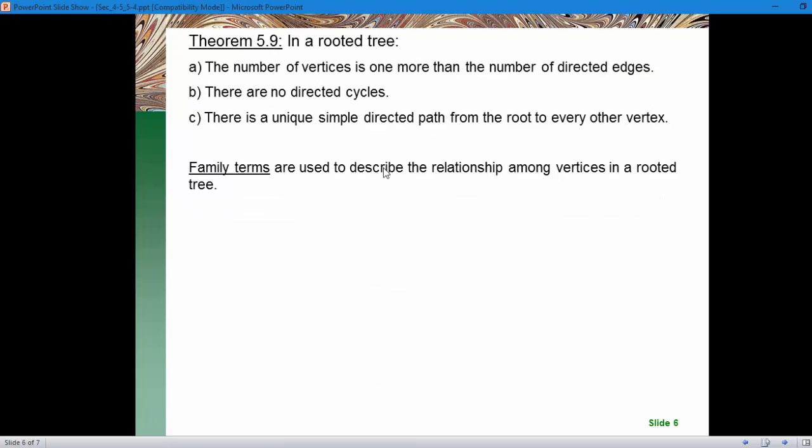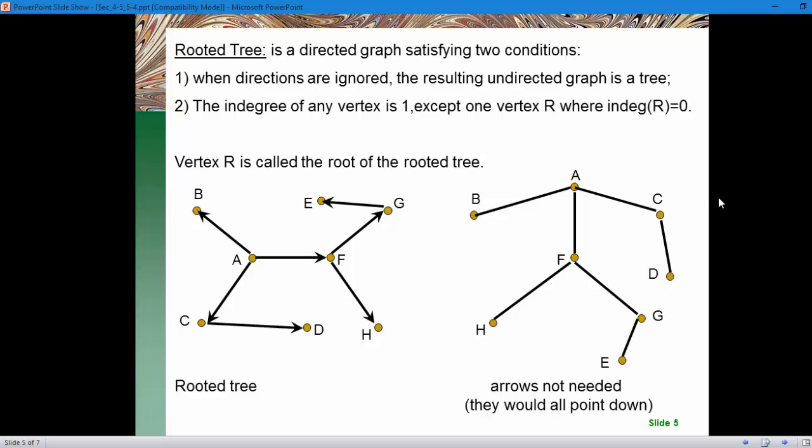So if we go back here, let's take a look at this tree. It's easy to use the family terms when we draw the rooted tree in this format. As you can see, vertices H and E are terminal vertices. They don't have any children.